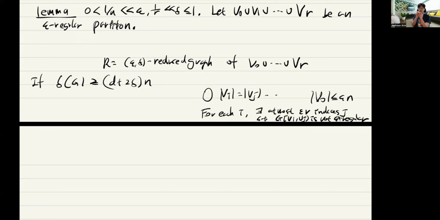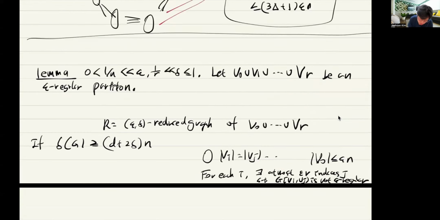So each cluster is epsilon regular together with the other Bj for most of the j. That's the epsilon regular partition we are going to talk about. Whenever we say epsilon regular partition, we consider this condition.